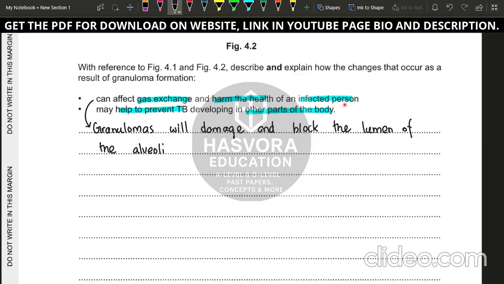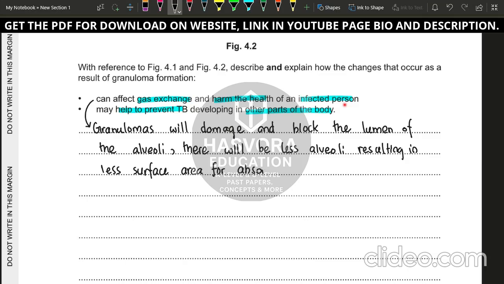So what will happen when they damage them? There will be less alveoli, resulting in less surface area for absorption. Okay, less surface area for the absorption, or you can just write it as less surface area for your gas exchange.